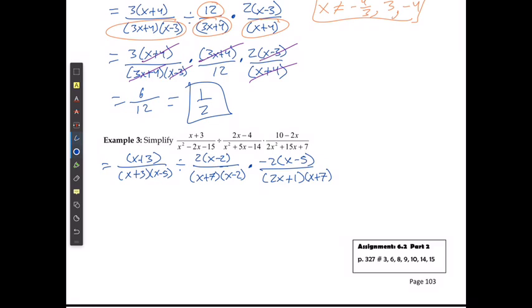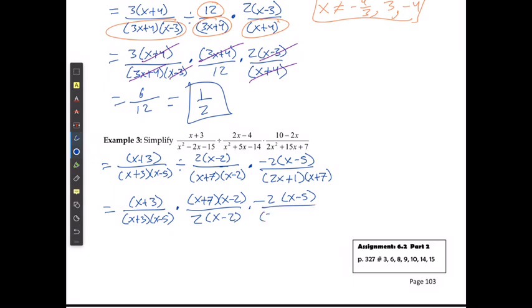I'm going to flip the divisor and say that this is going to be the same as (x + 3) over (x + 3)(x - 5) multiplied by (x + 7)(x - 2) over 2(x - 2), and multiplied by negative 2(x - 5) over (2x + 1)(x + 7).